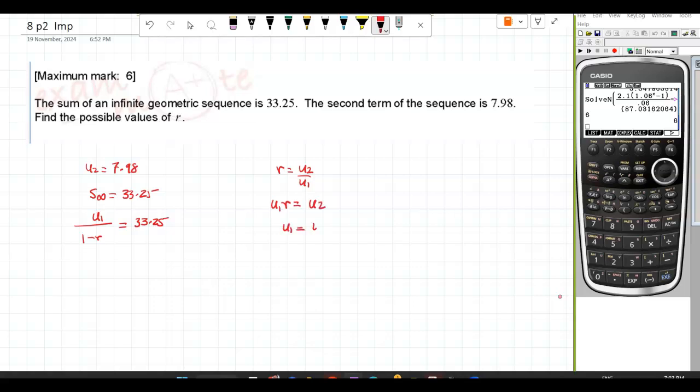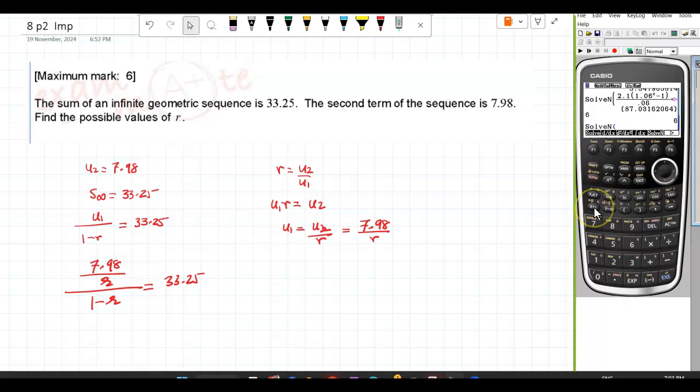Therefore u1 will be u2 upon r. So you've been given u2, so 7.98 upon r. So you get 7.98 upon r divided by 1 minus r is equal to 33.25. Now you can cross multiply and get a quadratic and do it, but you can also use solver. It's fine if you use solver. So options, calc.